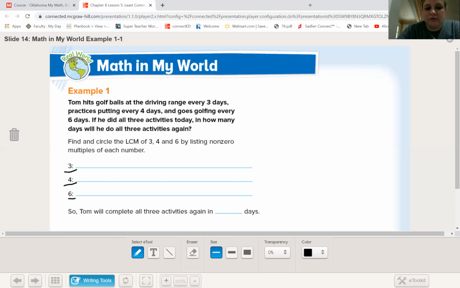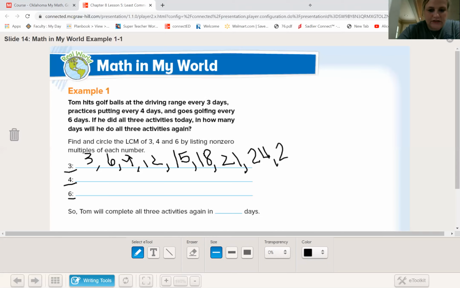So let's look at the multiples of 3. 3 times 1, 3 times 2, 3 times 3, 3 times 4, 3 times 5, 3 times 6, 3 times 7, 3 times 8, 3 times 9.